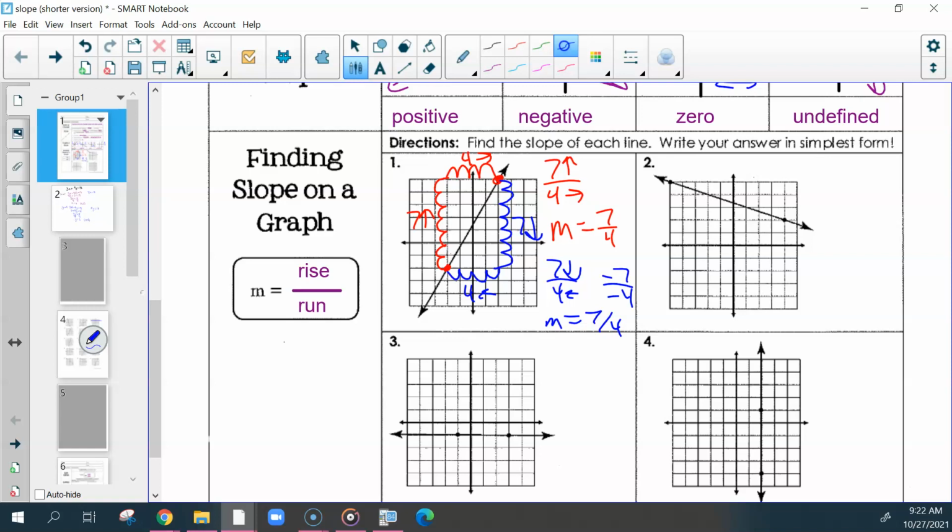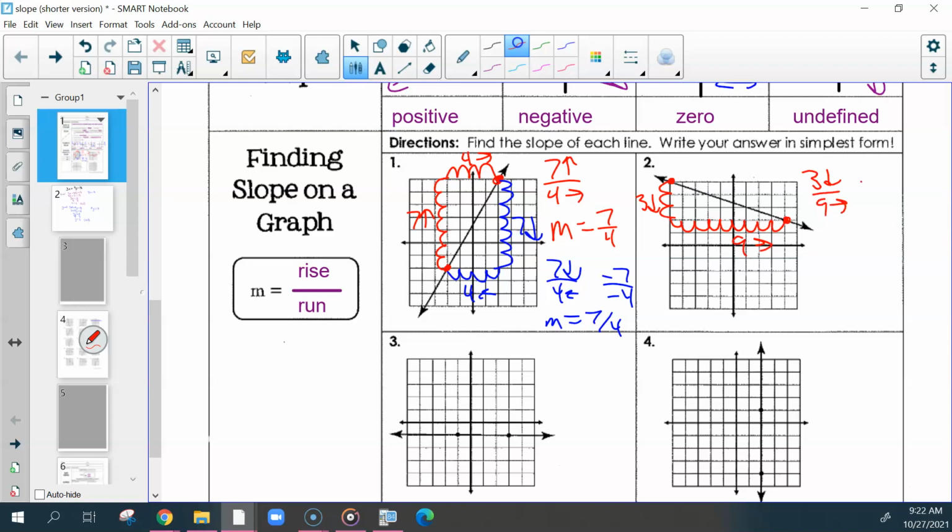Right, for number 2, we're going to do the same thing. If you did not see it, there are these 2 points drawn in. If I'm going left to right, this would be down 3, and to the right, 3, 4, 5, 6, 9.